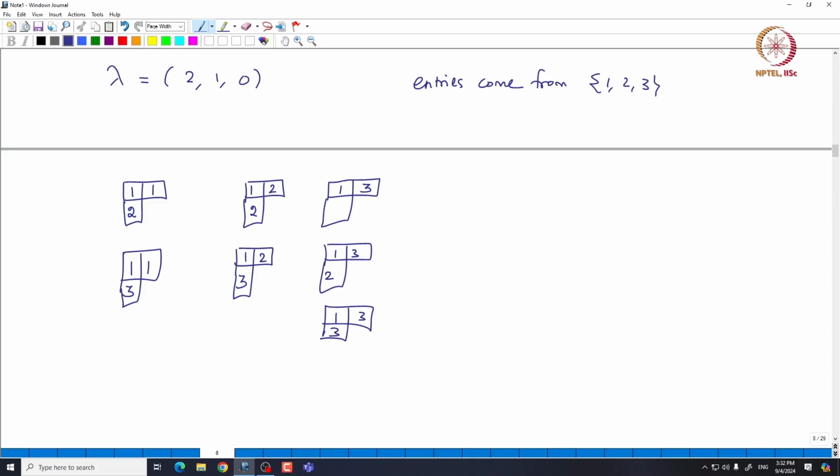So, you have 1 1 2, 1 1 3, 1 2 2, 1 3 3. Now you can also start with 2 in the first box. Then you can easily see that the bottom box must have 3, and the first row second box can be either 2 or 3. So, these are all the choices that we have.